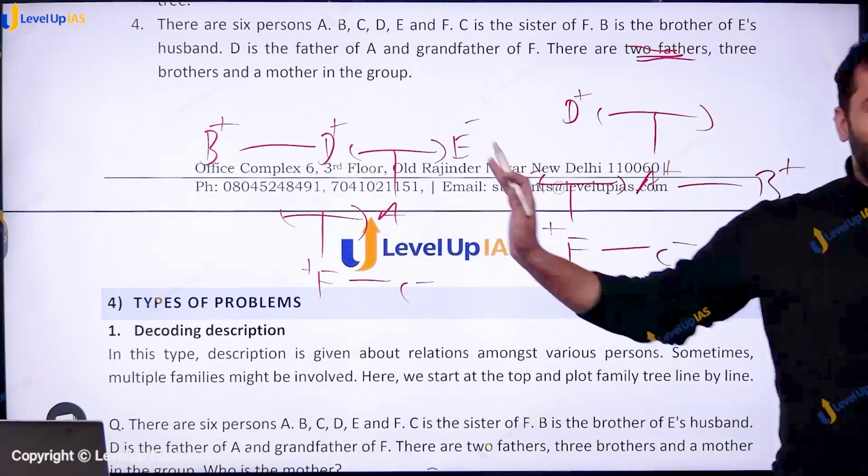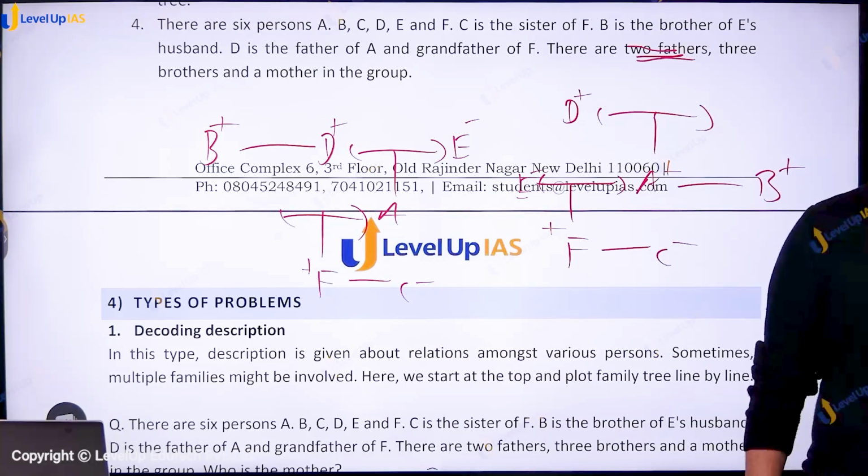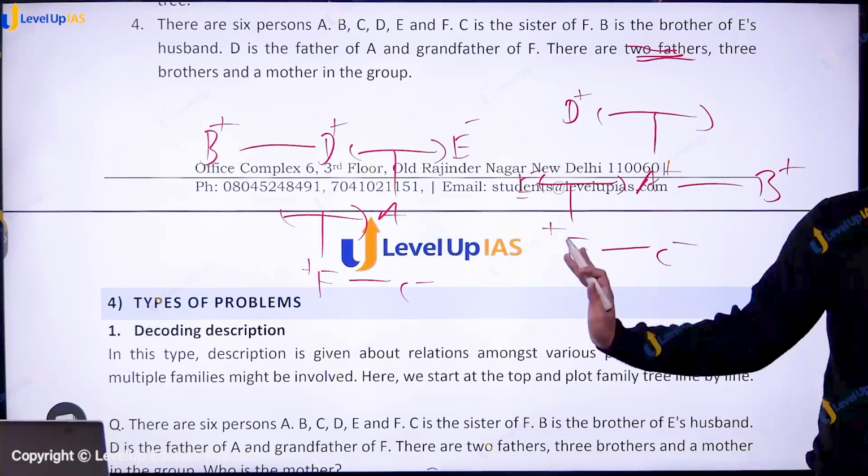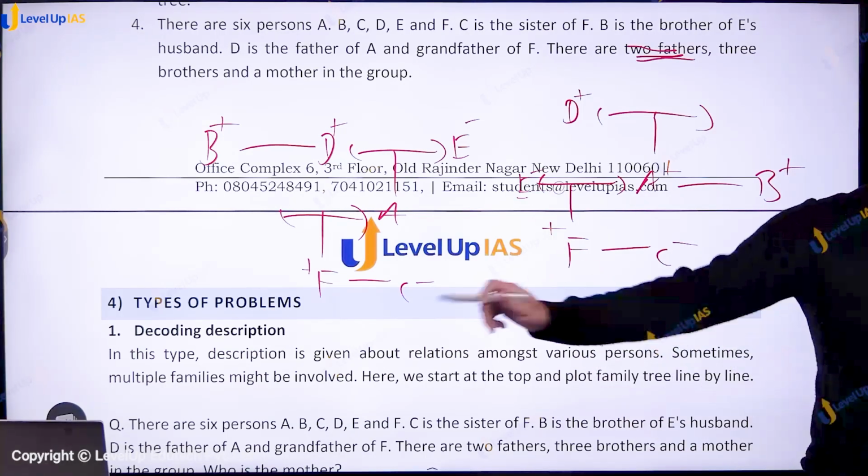We are just trying to draw family trees, but if we have to, then we will choose the option which is correct in both the family trees. Both the family trees are true. We will choose an option which is correct in both the family trees.